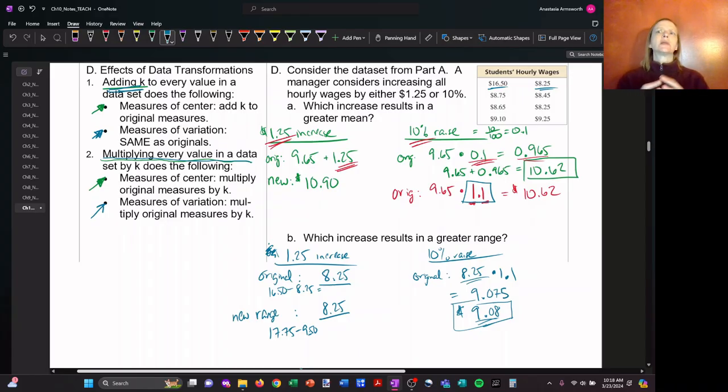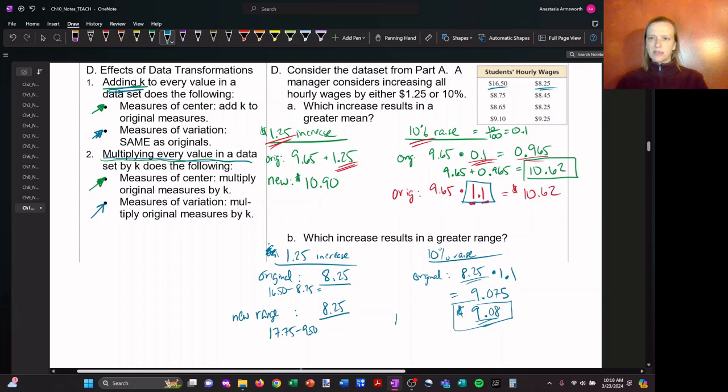Because each student's wage went up by 10%, the high-paid students' wages went up more dollar-wise than the low-paying students' wages.